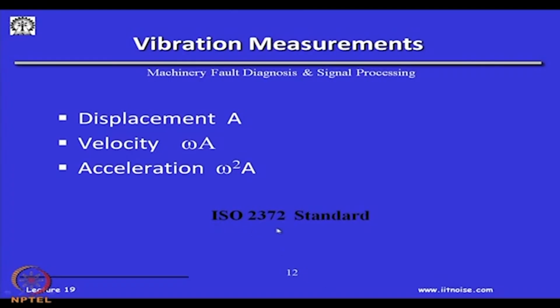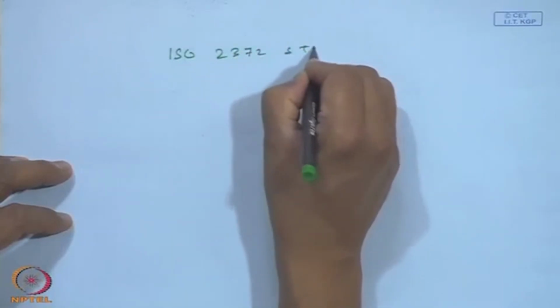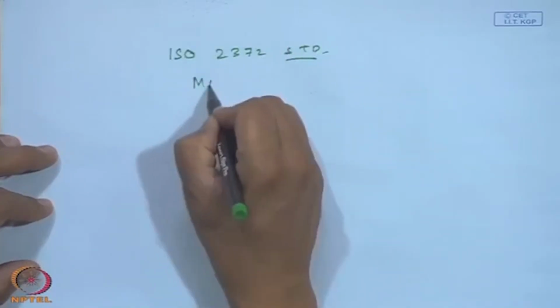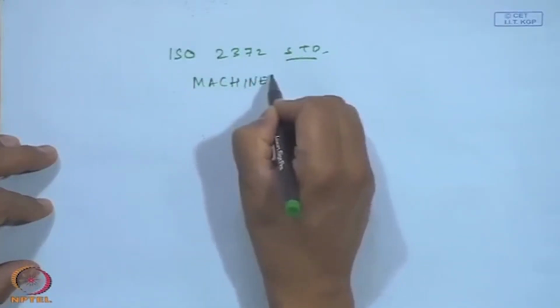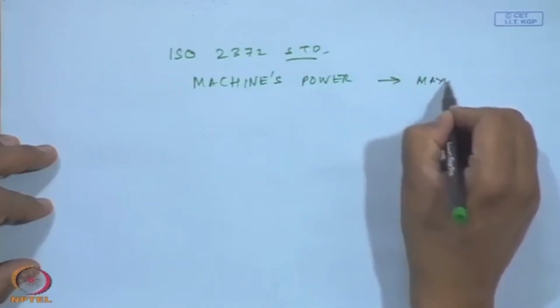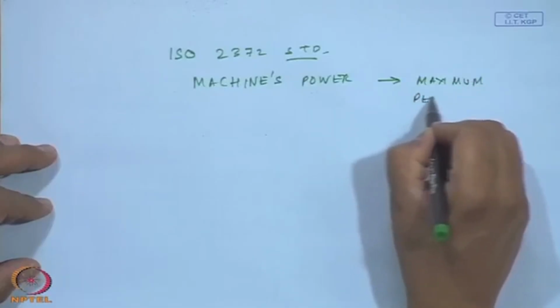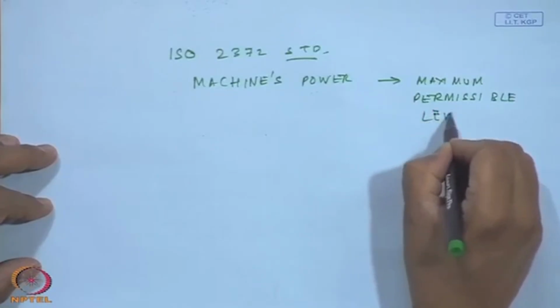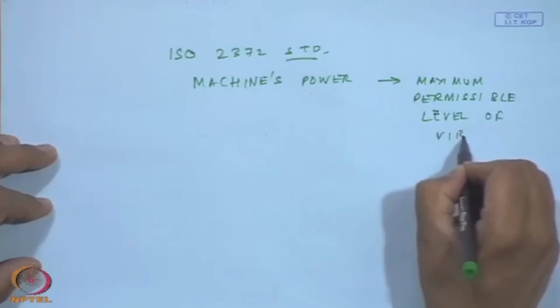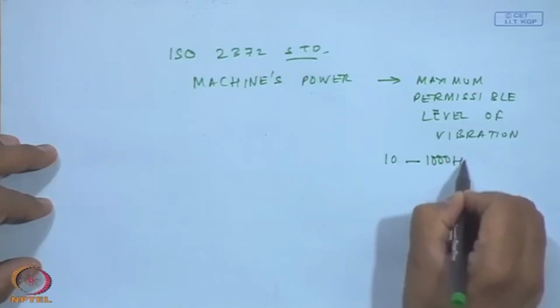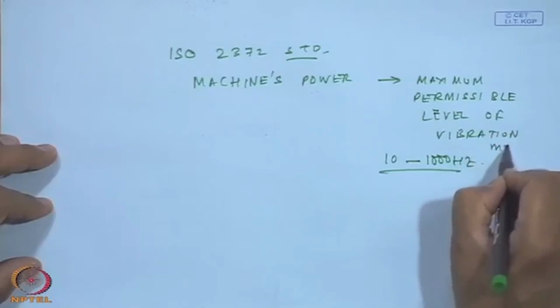So, there is the ISO 2372 standard, and recently it has been updated, and that is a newer standard I will tell you about in the next class, that tells the machine's power as to the maximum permissible level of vibration in a frequency range of 10 to 1000 hertz, okay, and this is usually in millimeters per second.